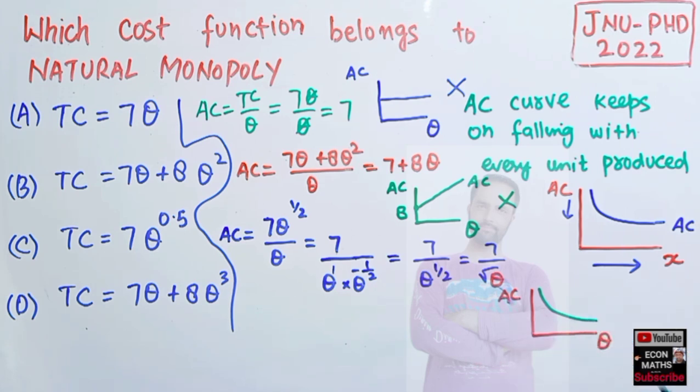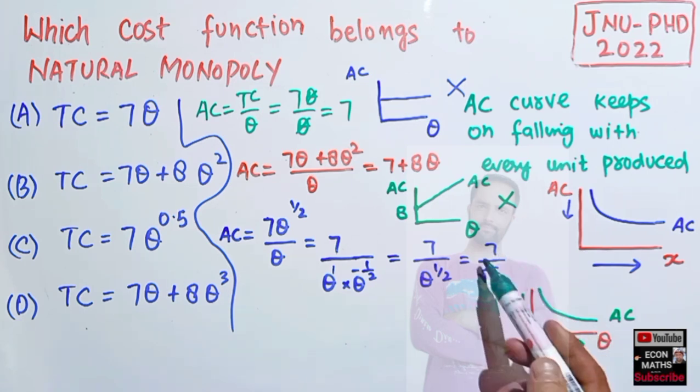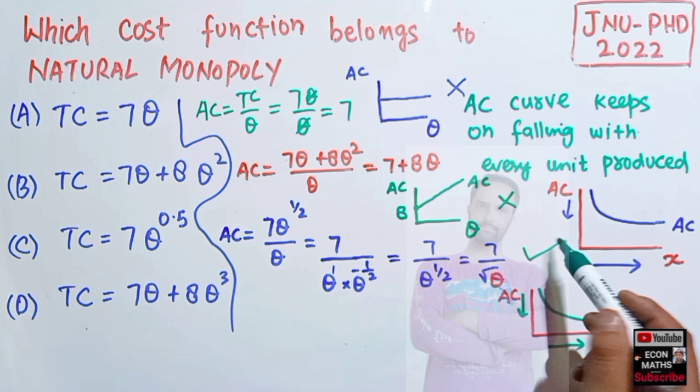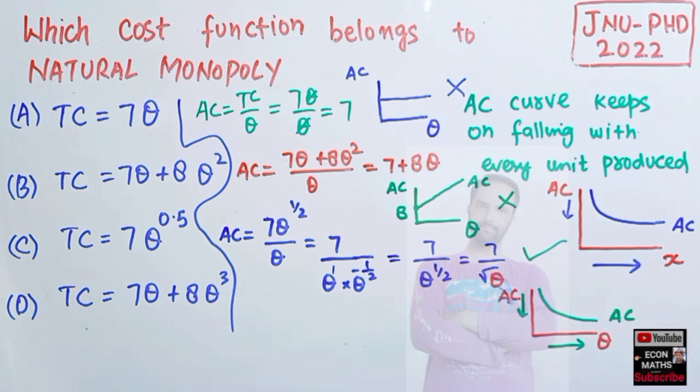Okay, so average cost in this case will decrease with each unit produced. If you draw the graph, you will see the graph of this function will look like this. So this denotes the total cost function of a natural monopoly.